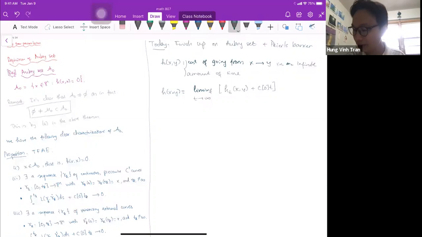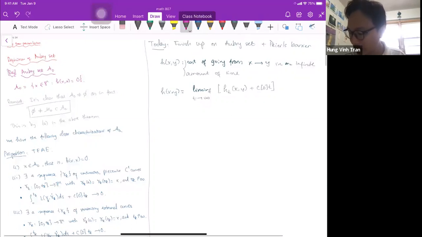So you can imagine, if you think of this as a function of y, mapping y to h(x,y), that x is kind of a fixed vertex. Essentially, you can think of it like that. You're given a fixed vertex, and for any y, you're trying to find what's going to be the optimal path going from here to here, and what's going to be the cost.